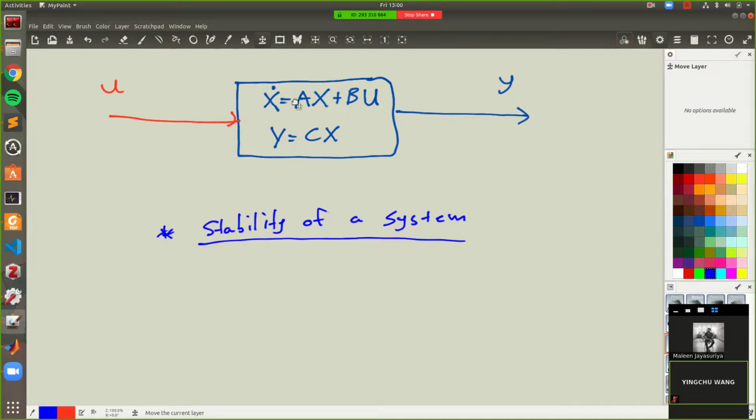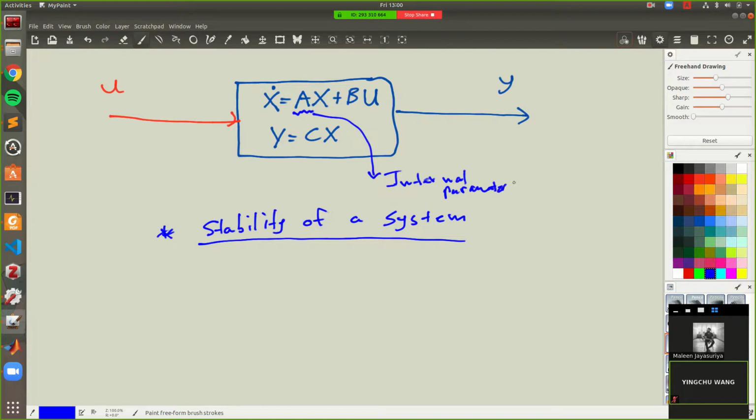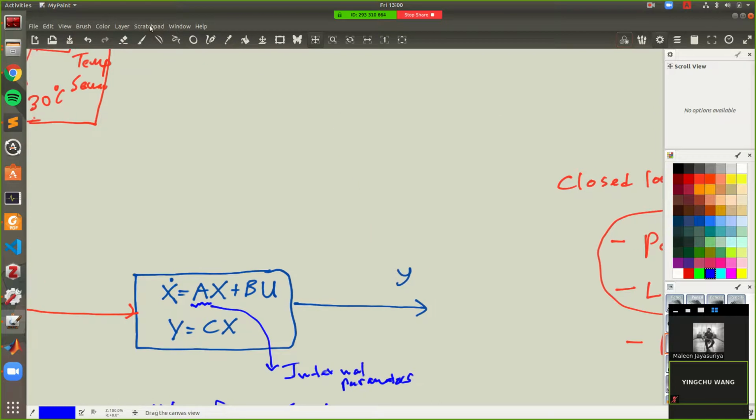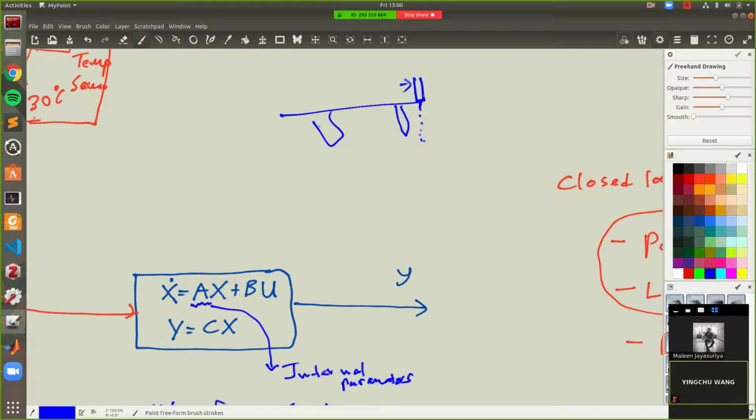Okay, cool. So if you think about it, what does the A matrix give you? The A matrix gives you the internal parameters of the system. What I mean by stable or non-stable system is, think about a simple example. Let's say you have a table and you place a glass cup right in the corner. If I put a little bit of force here, it will uncontrollably go and just crash and break.